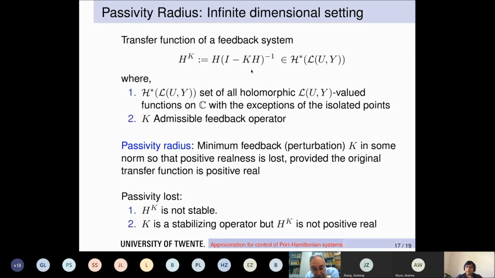Then we try to find a minimum feedback so that the positive realness is lost, provided the original transfer function is positive real. And we also formulate two conditions for when the passivity is lost, like in the finite dimensional case.